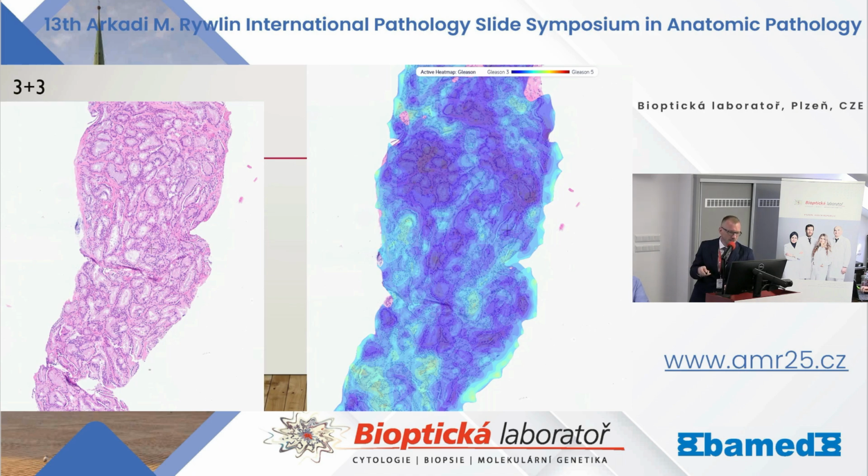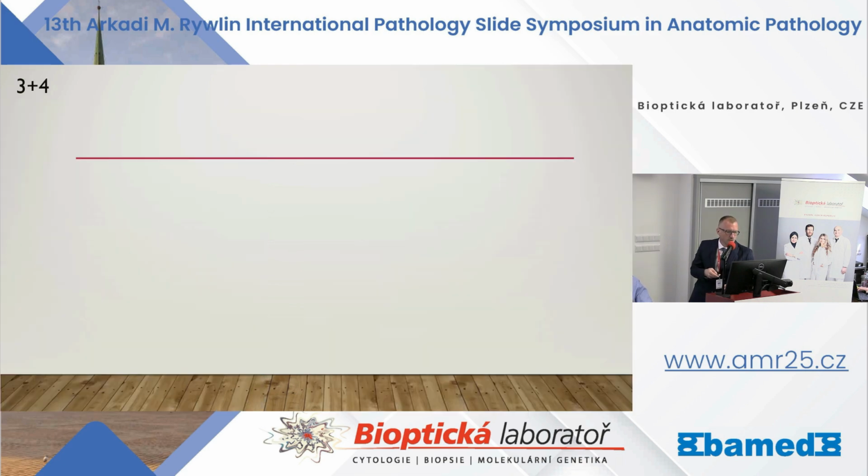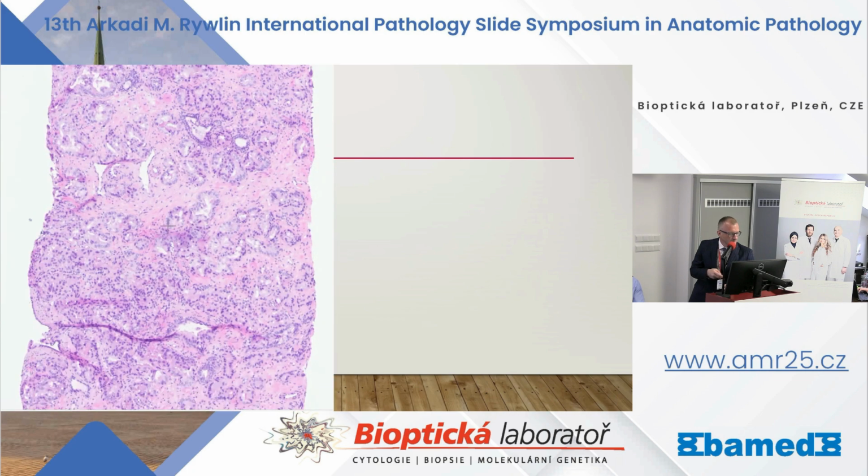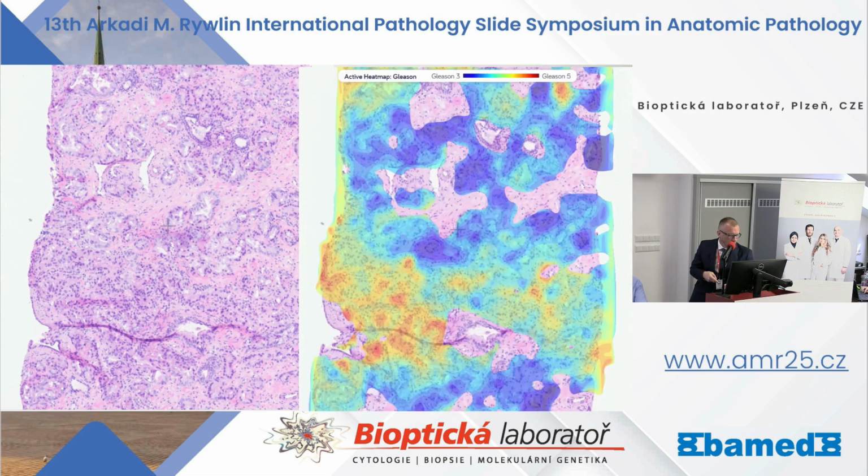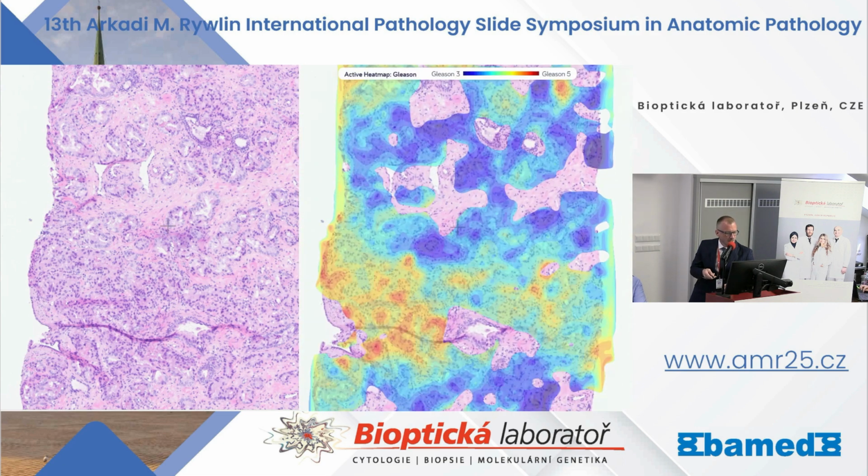You get in between like the light blue or orange, but again, the AI will give you mostly blue, says 3+3, and this is straightforward. You can get a nice 3+4 mixed up, where you see nice glands of grade 3, and in between the poorly differentiated grade 4. And in blue you get the 3s, in green to orange you get the 4s, so no problem there.